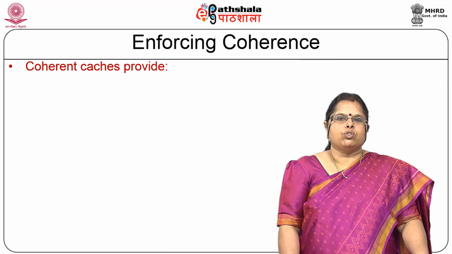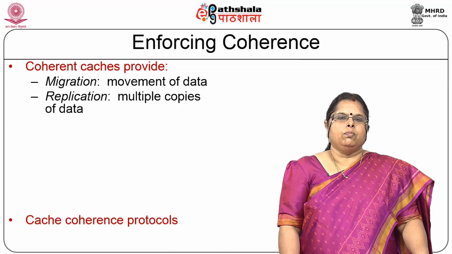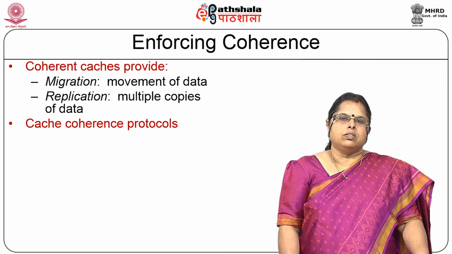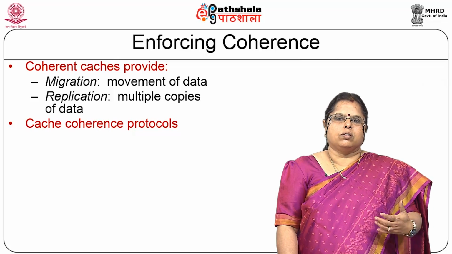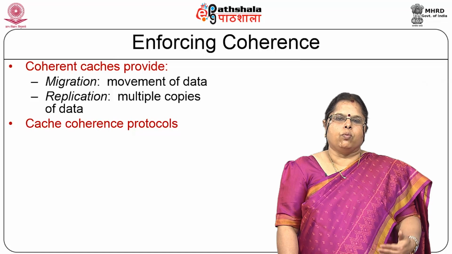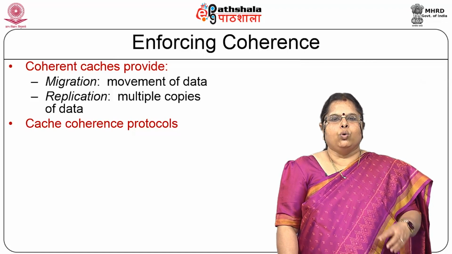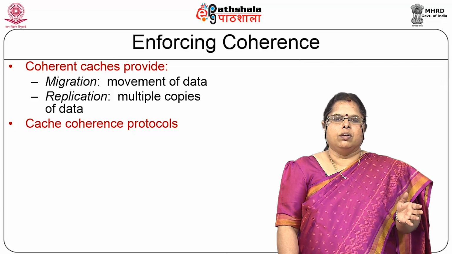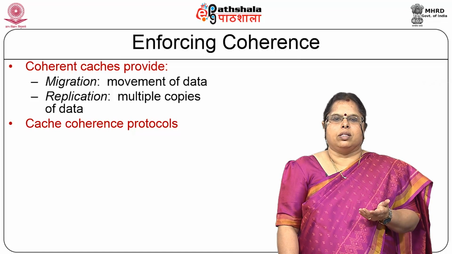To enforce coherence, before we go into the coherence problem, the basic problem of coherence comes up because you have support for migration and replication. Caches allow for migration and replication. You allow movement of data from main memory to one cache and from main memory to another cache also.